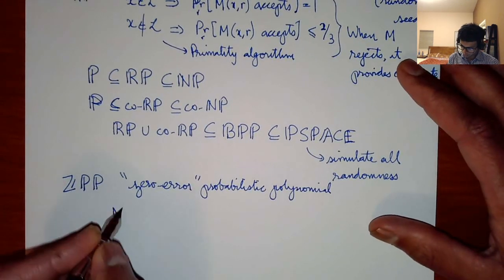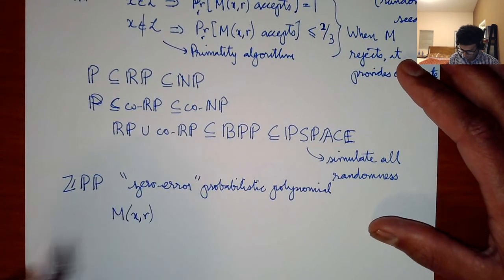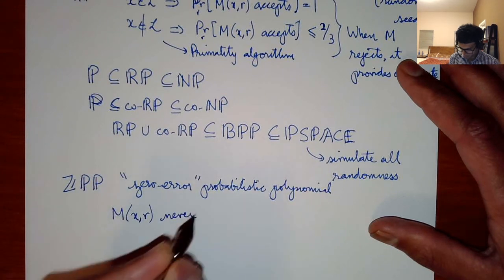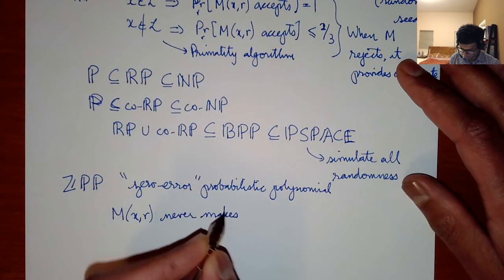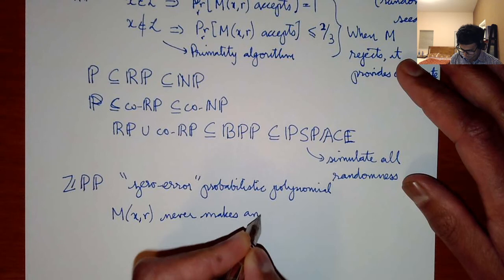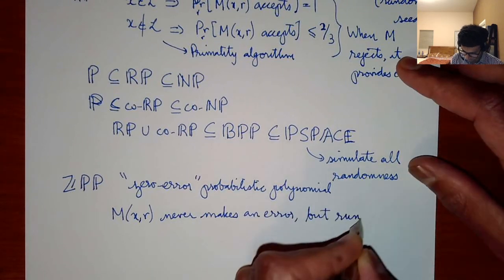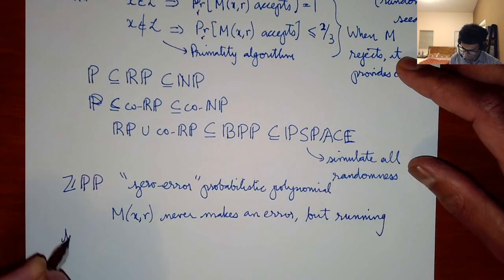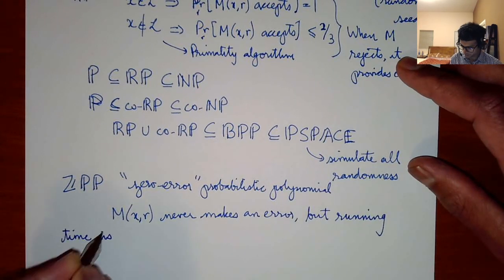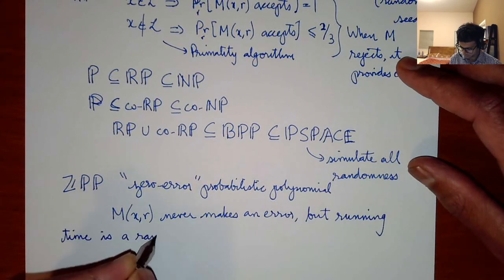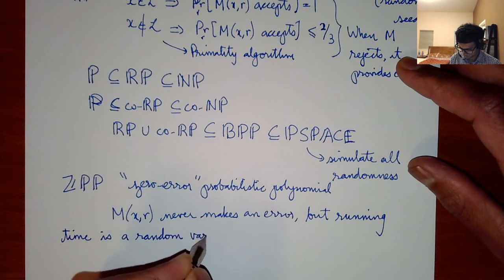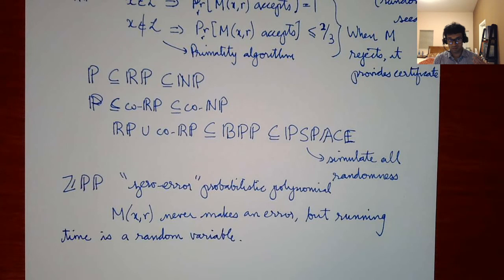So M on X never makes an error, but the running time is a random variable. So this is a Turing machine that you don't have a bound on its running time.